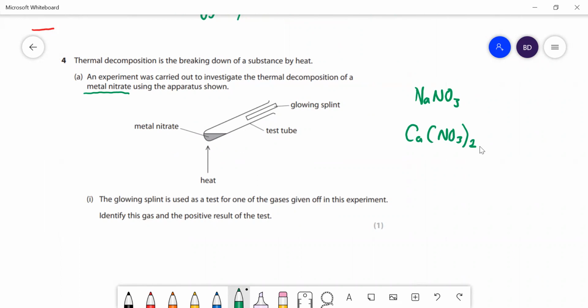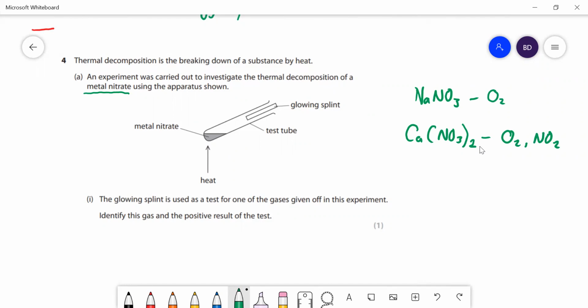Just to remind you, when you decompose these, you end up getting oxygen and nitrogen dioxide gas. You decompose them to the oxide, but with the group 1 ones, you don't get that. You just get oxygen, and the NO3 decomposes to the NO2 ion. Okay, anyway, let's answer the questions.